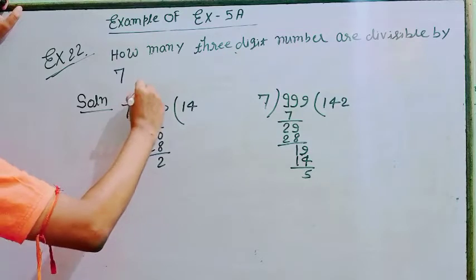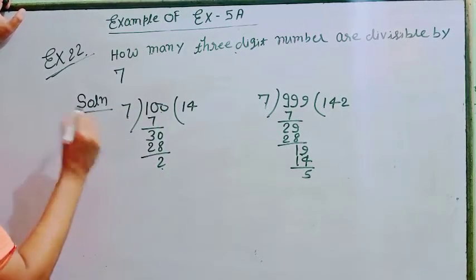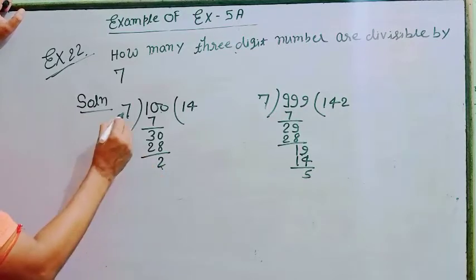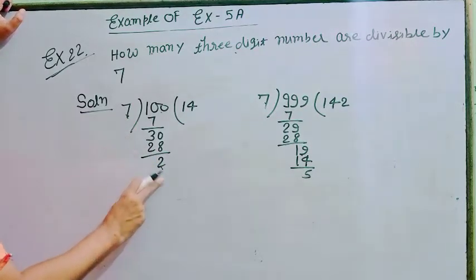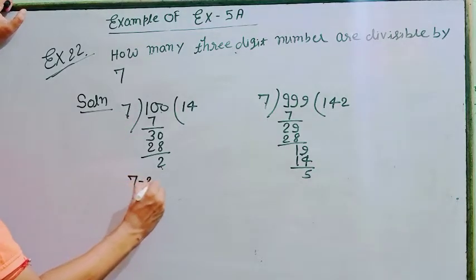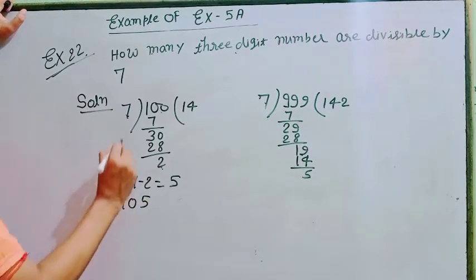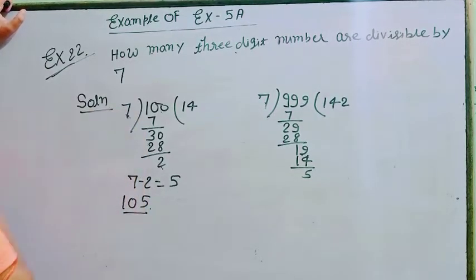Dear student, for the smallest number, if the remainder is 2, what number to add so it is exactly divisible by 7? Subtract 7 minus 2, that is 5. So the first number is 105, which is exactly divisible by 7.